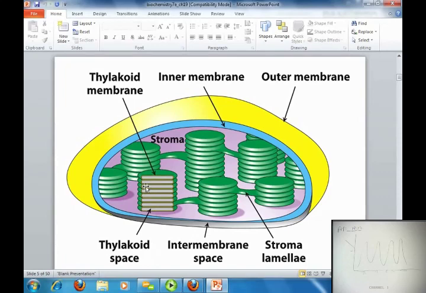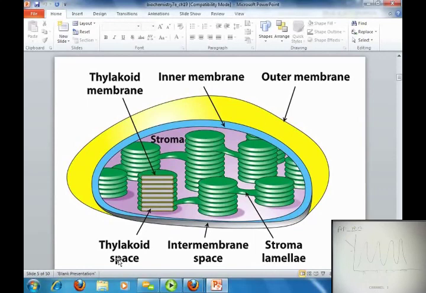This is one thylakoid, another thylakoid, another thylakoid. They are piles of thylakoid membranes, and each pile we call a granum. In the plural we call them grana, and one granum is linked to another granum by stroma lamellae.